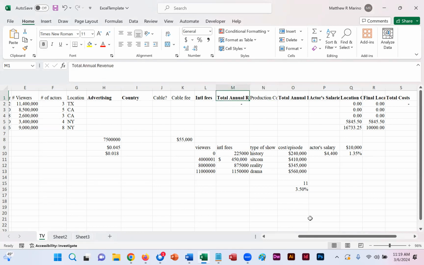So in the first formula here for location cost, see how it's the 1.35% times M2? Yeah. M is total annual revenue. Okay. Revenues are money that you're making, they're positive, whereas this total annual payments is the total annual of the production cost. So that's a cost, that's a negative. Okay.